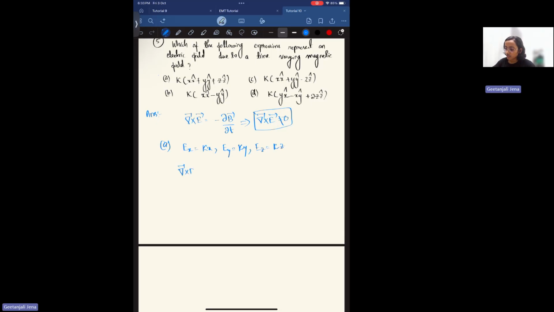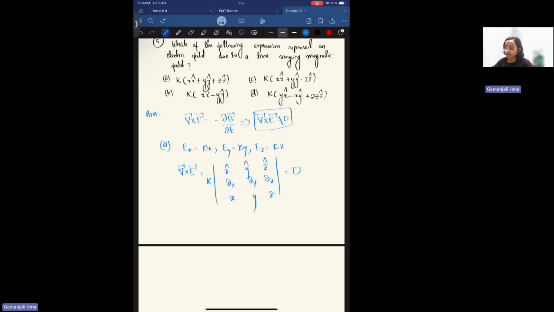So the curl of E in Cartesian coordinates is the determinant with x cap, y cap, z cap, dou x, dou y, dou z, Kx, Ky, Kz. We can take out the K, and this is x, y, and z. If we check the curl, it should be zero.